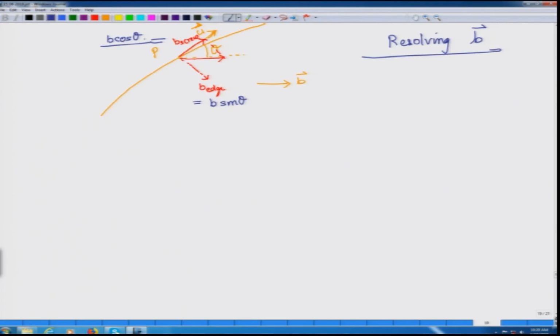So, anywhere you have to take into account calculations of edge and screw work, you can just put b cos theta for the screw part of this mixed dislocation, and simultaneously take b sin theta as the Burgers vector for the edge dislocation. This would be useful, as you would see later, for calculation of stress, strain and energies.